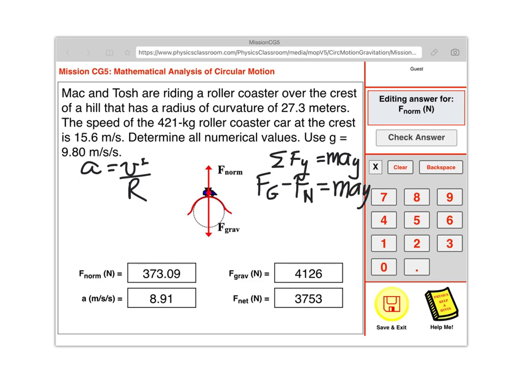And so the F norm is the difference in these two numbers. F norm is going to be F G minus m a. So F G minus m a is that. That's F norm.